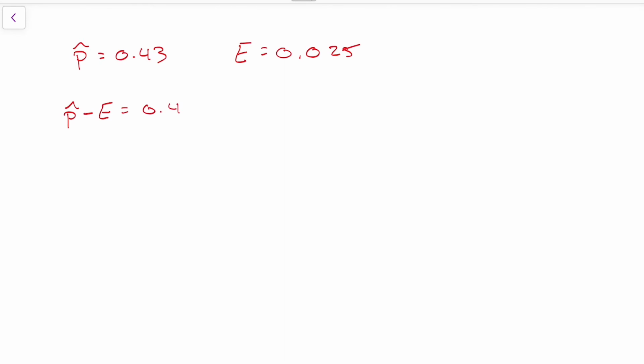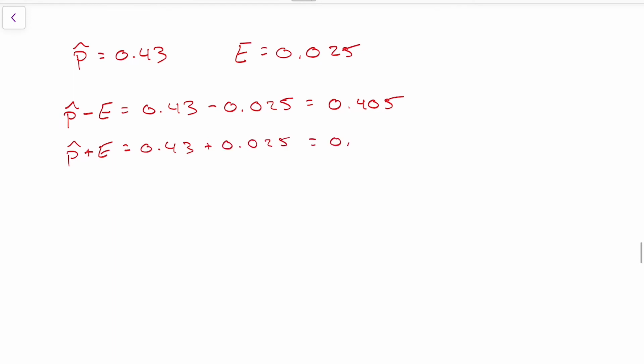So 0.43 minus 0.025 gives us a value of 0.405. To find our right point, we take p hat and add E to that. So 0.43 plus 0.025 gives us a value of 0.455.